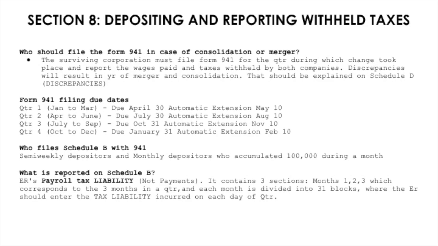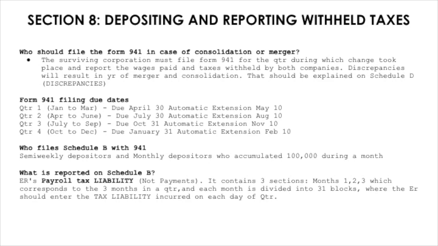And what is reported on Schedule B? It's the employer's payroll tax liability. Not payments, not the deposits that they have made, but the employer's payroll tax liability. And it contains three sections, months 1, 2, and 3, which correspond to the 3 months in the quarter.